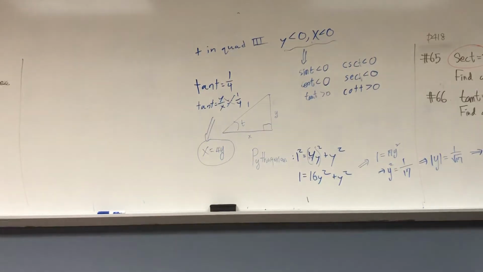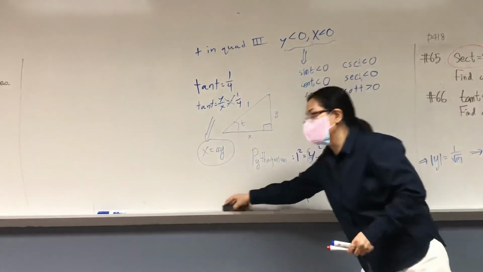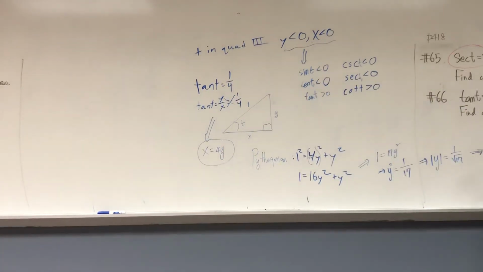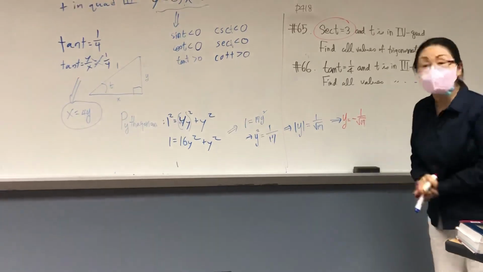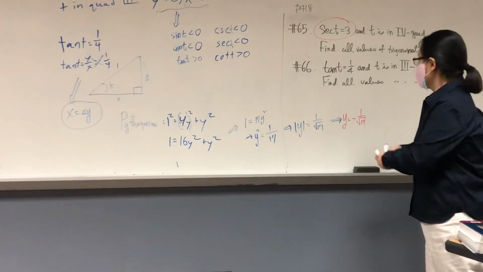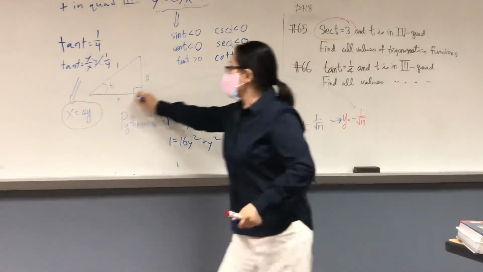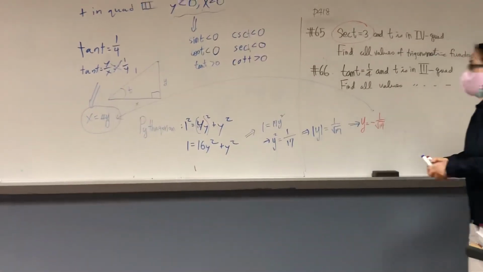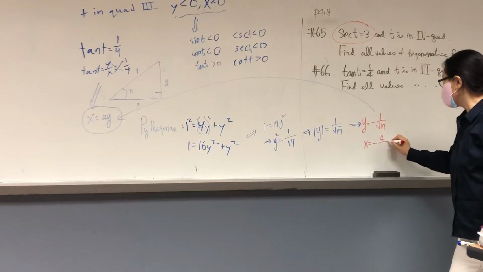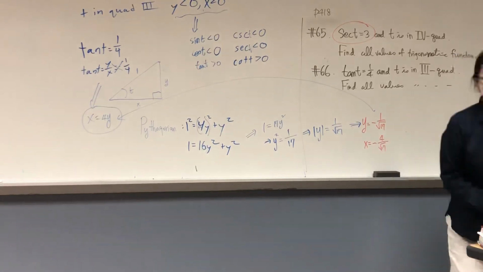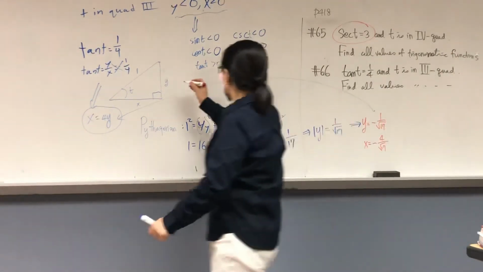Negative. Good. Now, substitute this one here. What is x? Another negative. So now you have a picture.